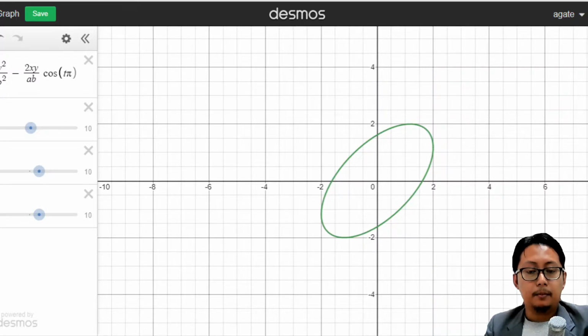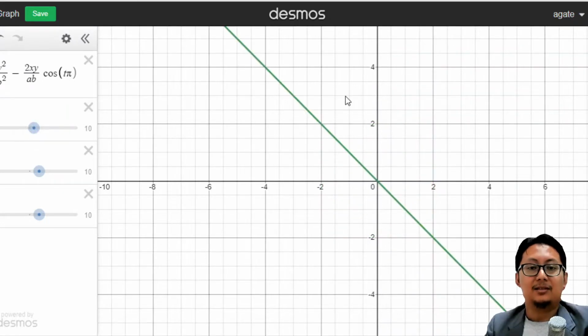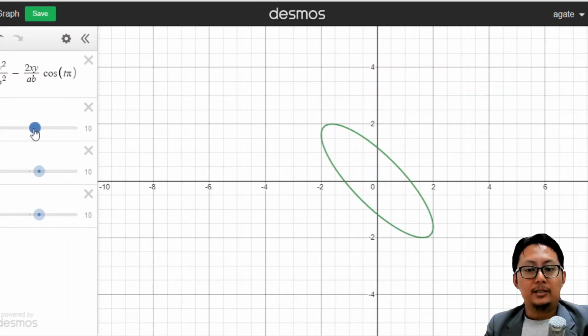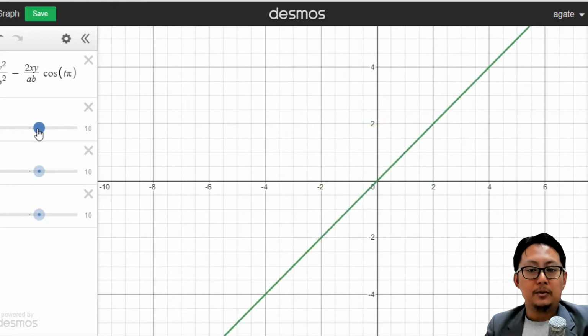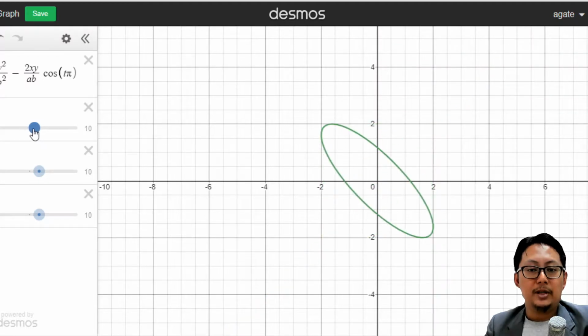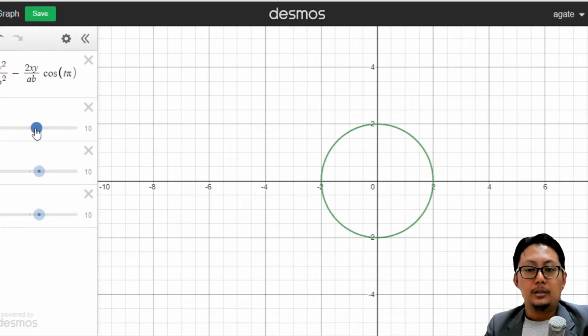The graph will be something like this. So by changing the phase angle, we can get different graphs of this simple harmonic motion for the perpendicular case.